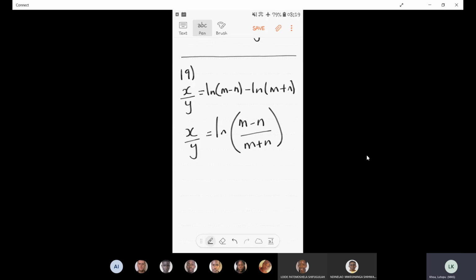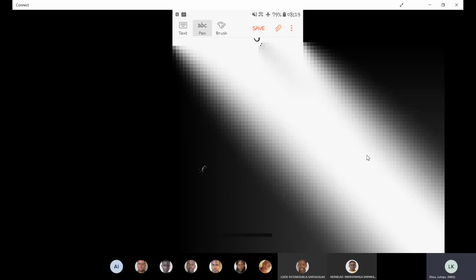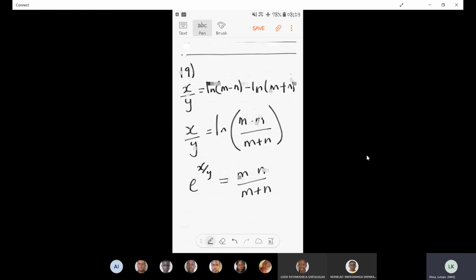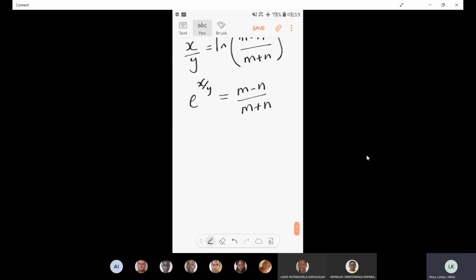Then I will rewrite this in exponential form. So I have e to the power of x over y. This is equal to m minus n over m plus n. And then I will multiply the denominator out. So I have m plus n times e to the power of x over y.